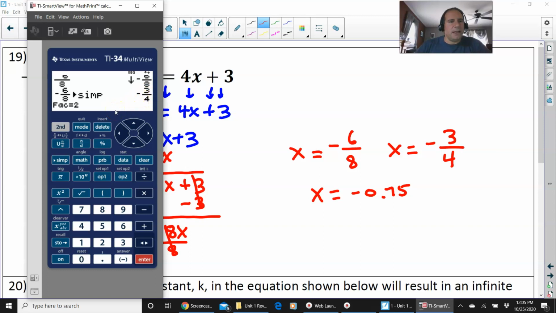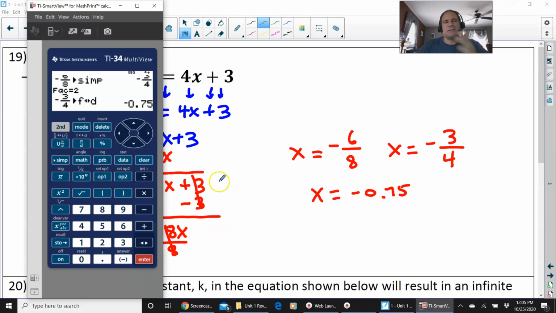All right, and also if you say, all right, -3/4, but I still don't know what to do with that because I don't have it as a decimal. If you want to get that to a decimal, you just press second function, and this right here will bring the fraction to a decimal, and then enter.